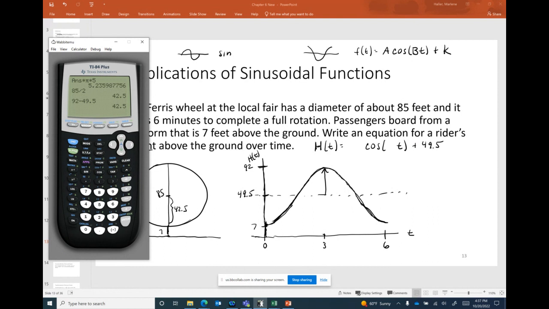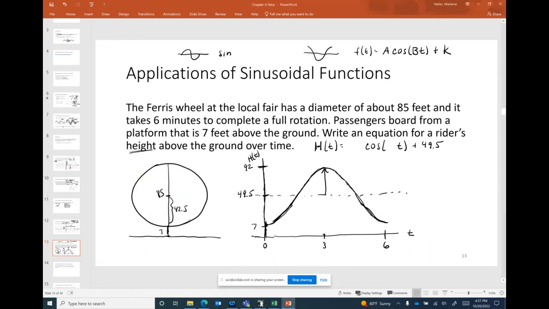I didn't need to calculate that. It's getting late in the day and I'm tired. All right, so 42.5 is my amplitude. But I'm reflected, right? This cosine graph is reflected, so it needs to be negative, okay, to indicate I've got a vertical reflection going on. Now I just need b, all right?